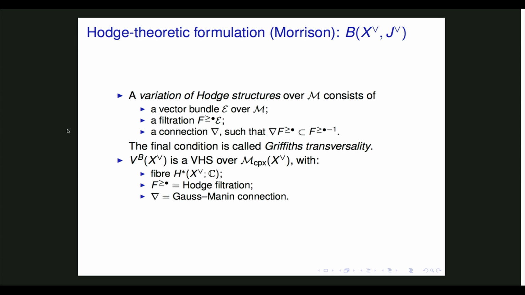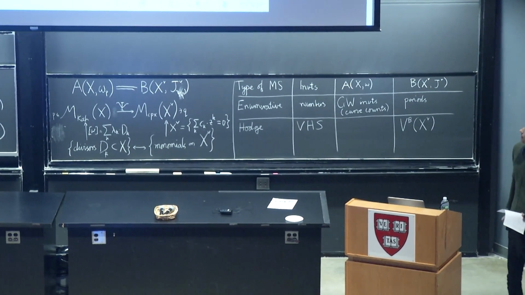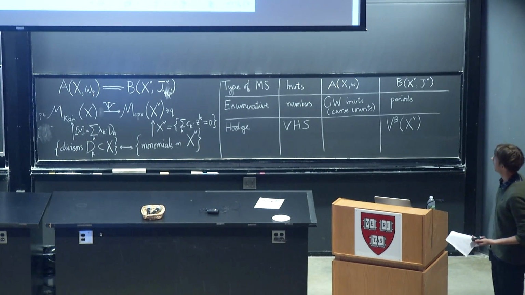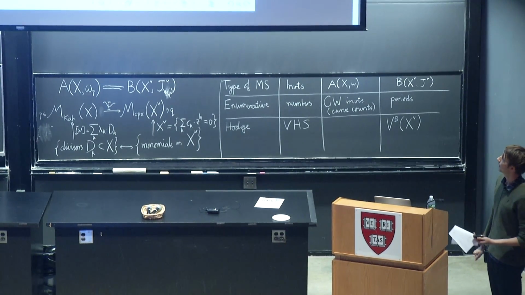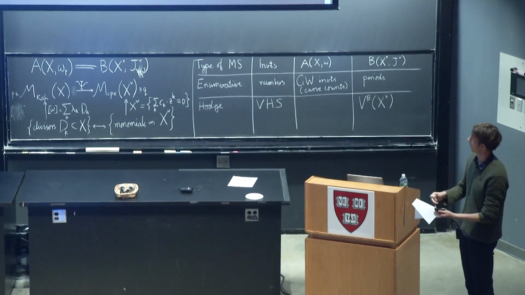So in this case, the B side invariant has been studied for a long time. Our vector bundle over the complex moduli space is the bundle whose fibers are just the cohomology of X check.